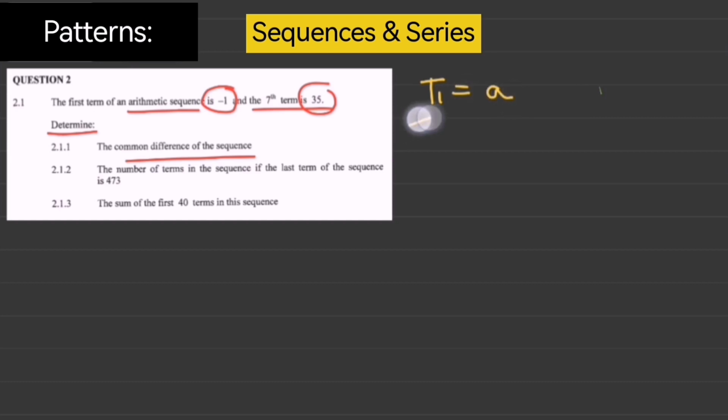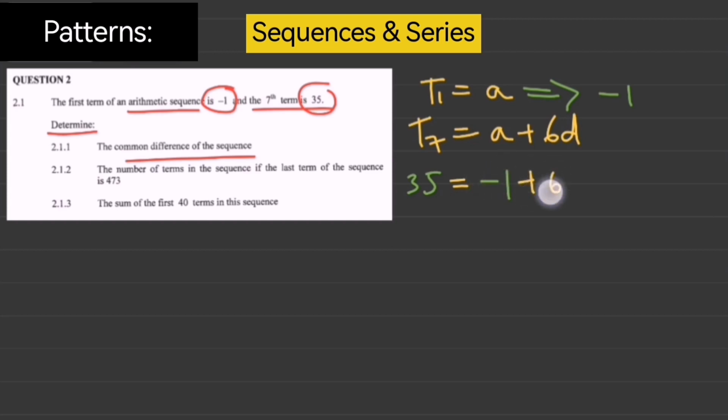The seventh term would be a plus 6 differences. Now the first term was given as -1, so I know a is -1, and the seventh term was given as 35. Now using a, you can calculate d. That gives us 36 equal to 6d, and therefore d is equal to 6.